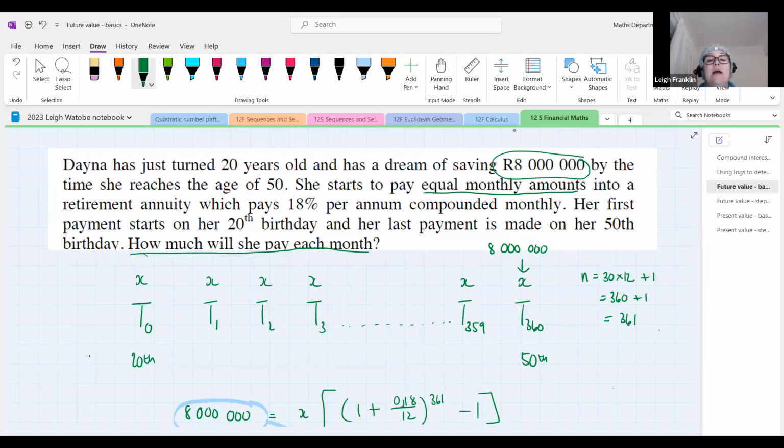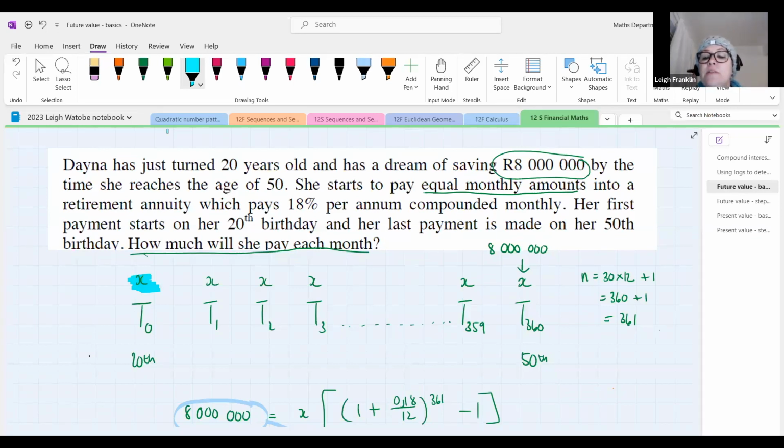She starts to pay equal monthly amounts into her retirement annuity, paying, that's the interest rate. Her first payment starts on her 20th birthday. So we always start our timeline at T0. Always, always, always. Because they've said her first payment starts on her 20th birthday, they are implying that there is an immediate payment, at T0.